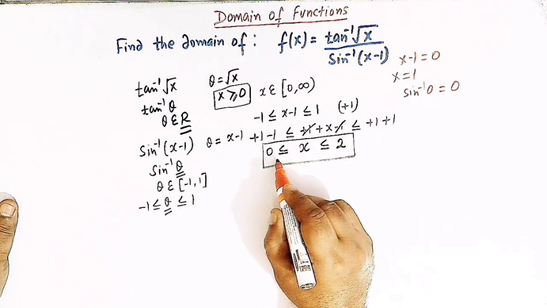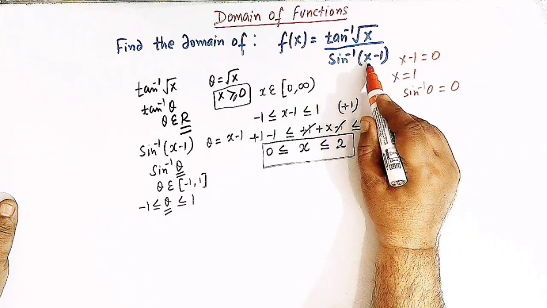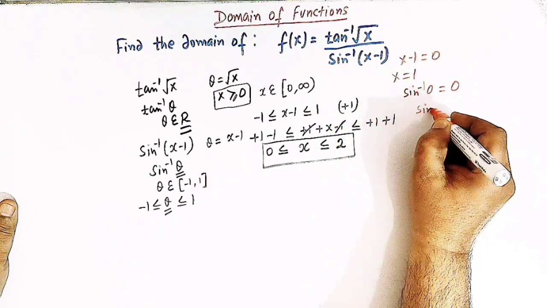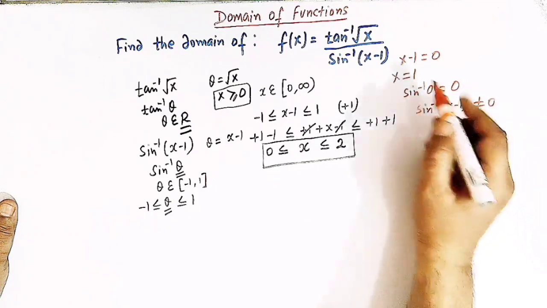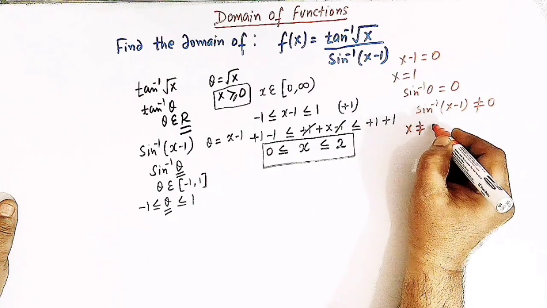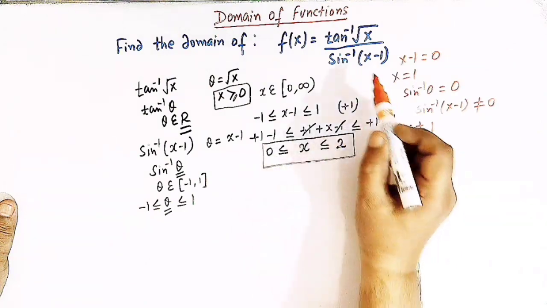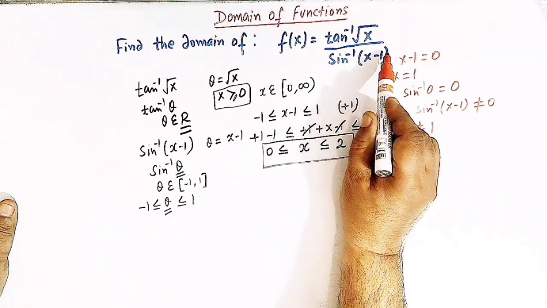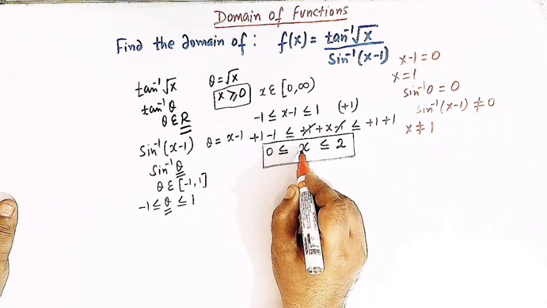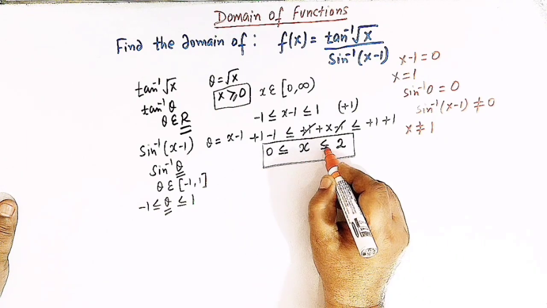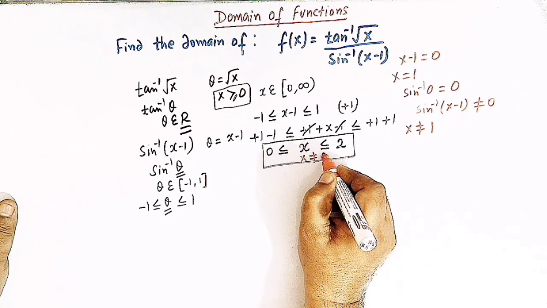So apart from this inequality, sine inverse x minus 1 should not be equal to 0, so x should not be equal to 1. Incorporating these two, the domain of sine inverse x minus 1, which appears in the denominator of f of x, is x greater than or equal to 0 but less than or equal to 2, with x not equal to 1.